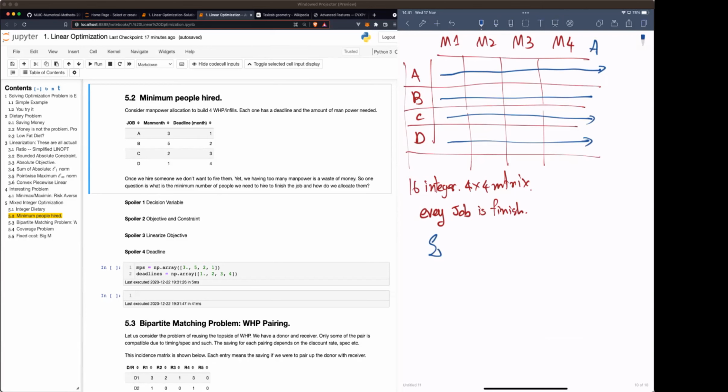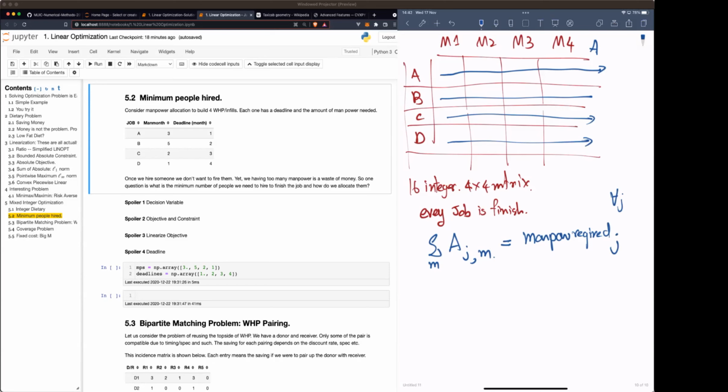Let's call this matrix A. The sum of A, over the job and the month, summed over every month, this is what it means to sum each row, has to be equal to the manpower required for job J. Is everyone good? And then we put in the qualifier for all J. For every job, this has to be met.